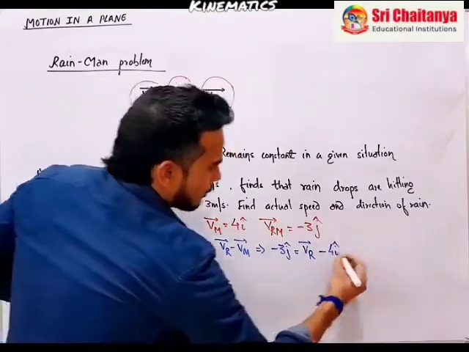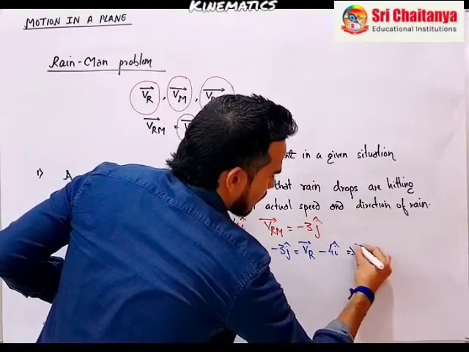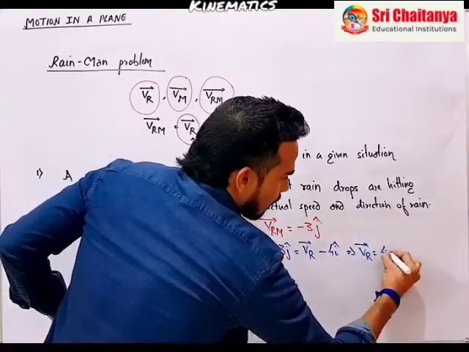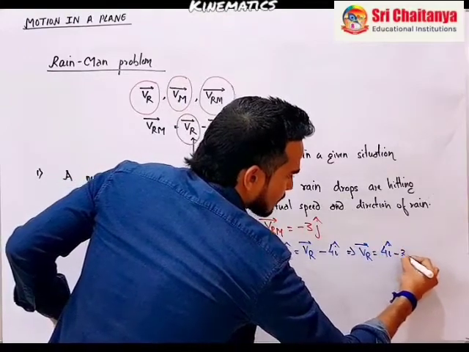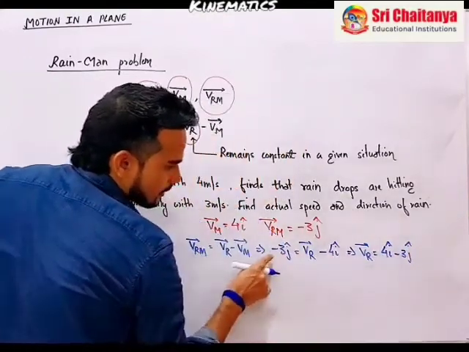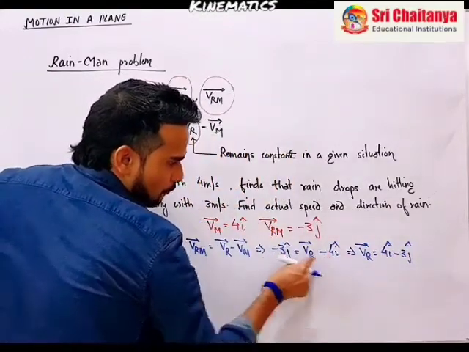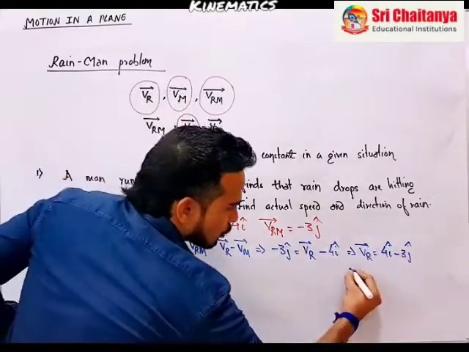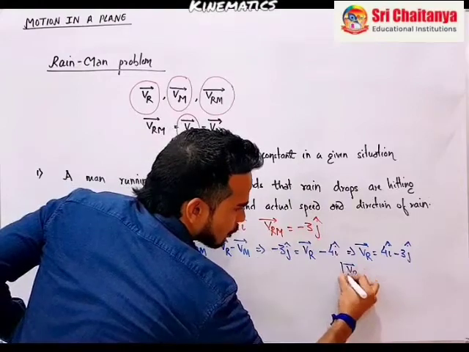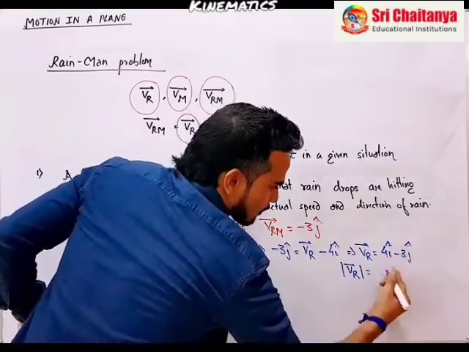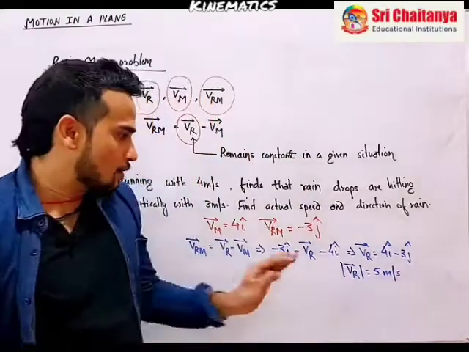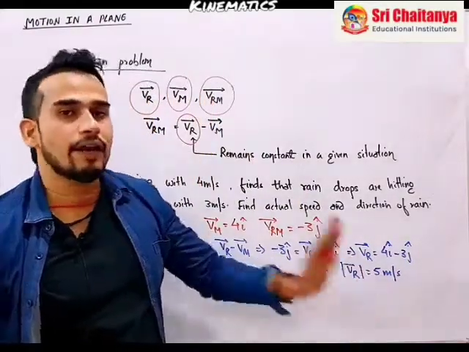Sending this to the other side, VR vector is 4 i cap minus 3 j cap. If anyone asks for speed, that means magnitude: under root of 4 square plus 3 square, which gives 5 meters per second. This is the actual speed of the rain.